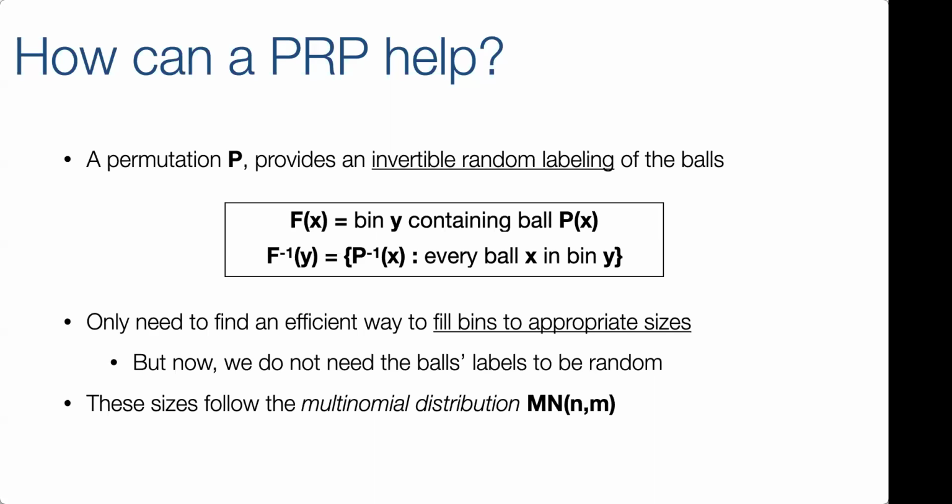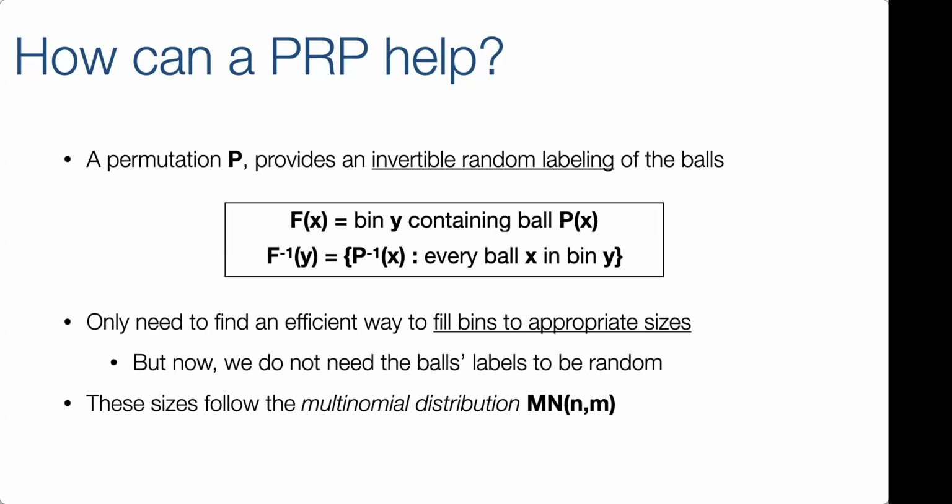So imagine you have a bunch of unlabeled balls, you throw them into bins randomly, and then I order the bins and lay out the balls and put little dividers where the bin capacities were, and I label them 0 up to n, and then I apply a random permutation to the labels, and those are their new labels. I claim that that distribution is the same as if you had labeled them first and then thrown them randomly. That's what we're doing here.